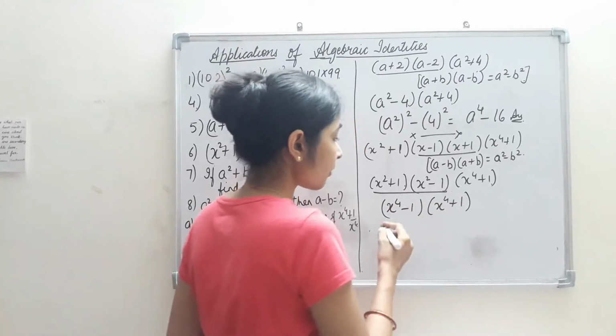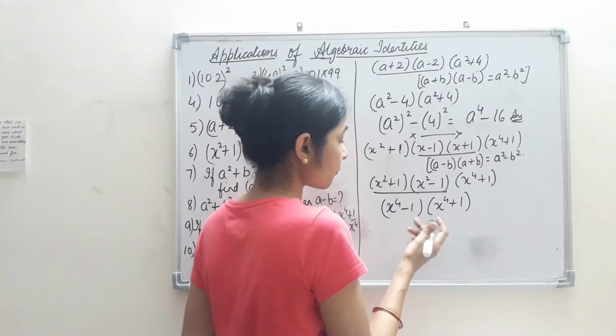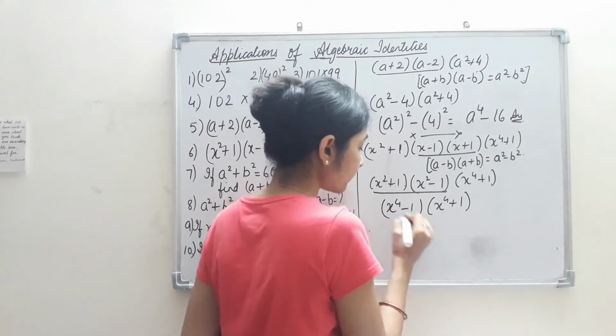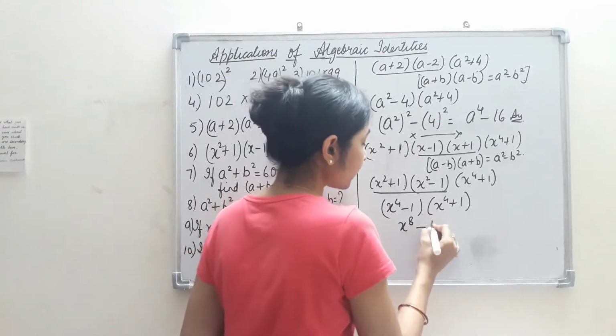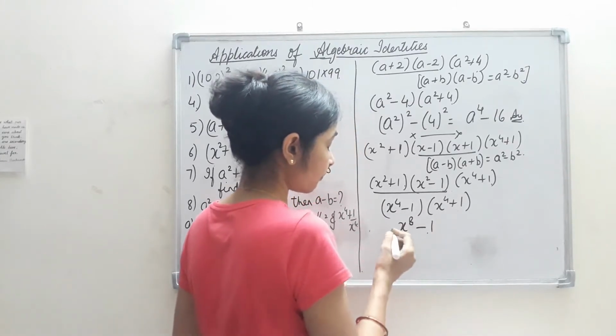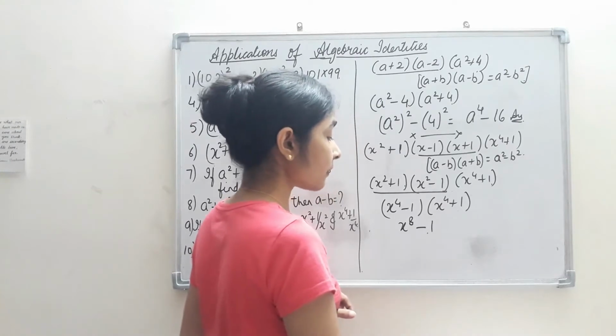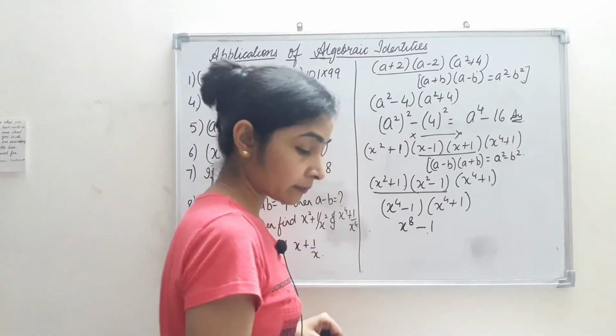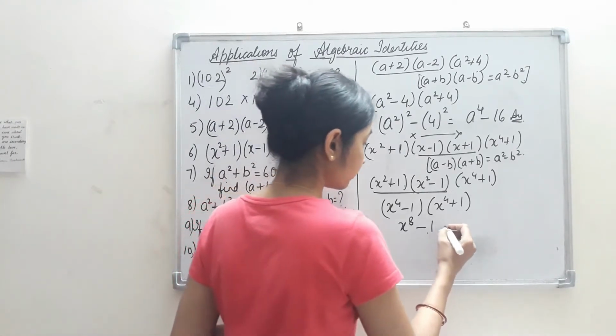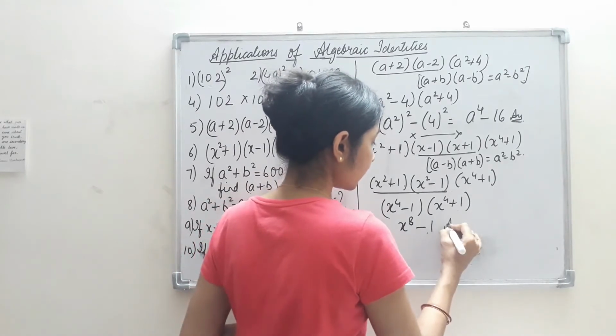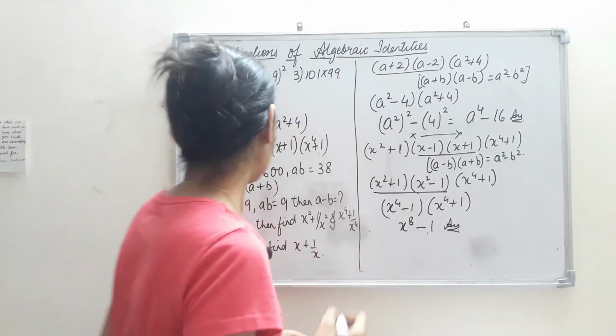So x raised to the power 4 multiplied by x raised to the power 4 gives us x raised to the power 8, and 1 into 1 gives us 1 itself. So the final answer is x raised to the power 8 minus 1. That is our final answer.